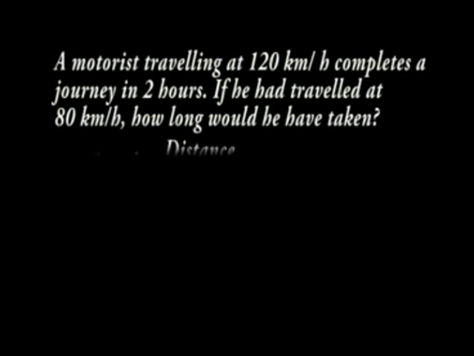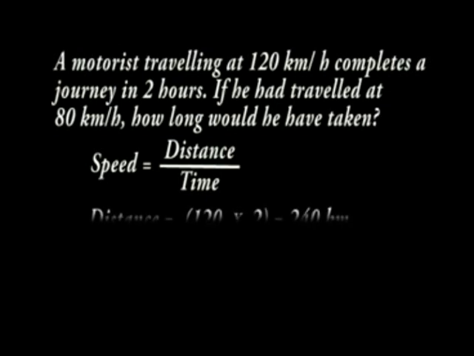Speed is equal to distance over time. If the speed is 120 kilometers in 1 hour, then in 2 hours the motorist covered a distance of 120 times 2, which is 240 kilometers. Certainly this was the distance of the entire journey.